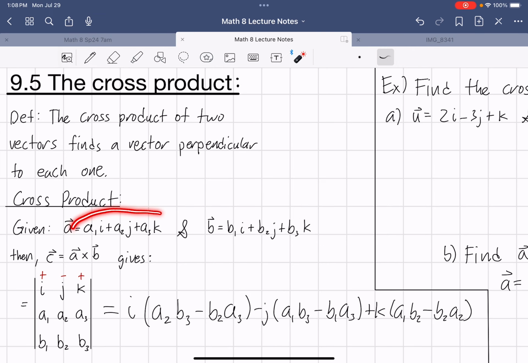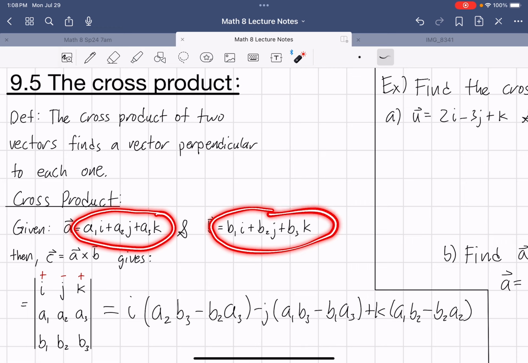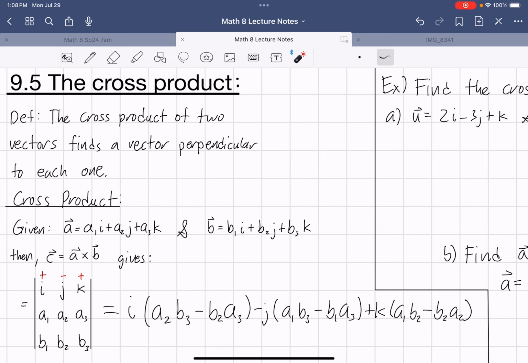So let's establish our two vectors, whether that be ijk or using the inequality symbols. And you make this grid here where, depending on the order of your cross product, for your first row you write the ijk vector.